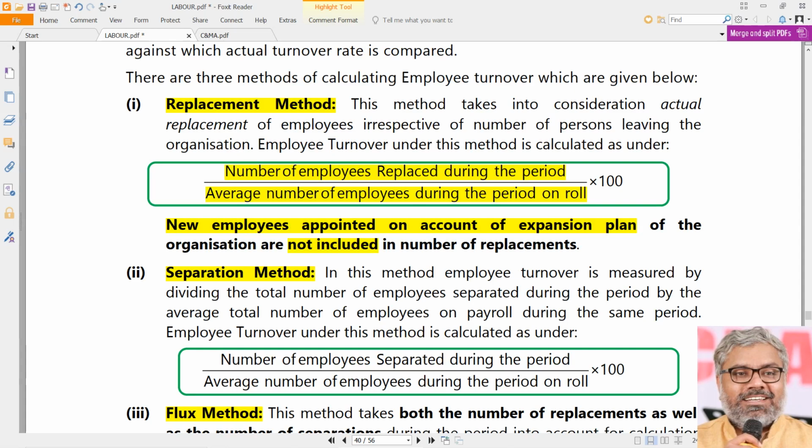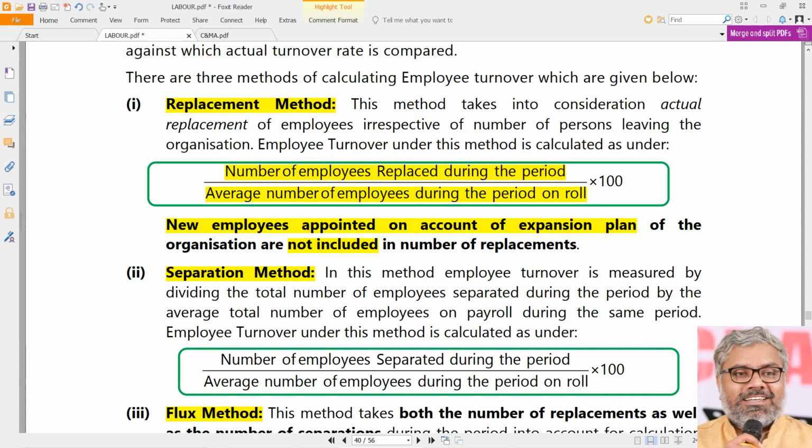That is replacement. Not some new person who is coming in only because the company has grown or company has an expansion plan. That also will be there normally, but that is not included here. In the replacement method, we don't include that. We are not telling that there will not be any people who are only freshly joining without replacing anybody. There will be people like that. That is not what is included here.